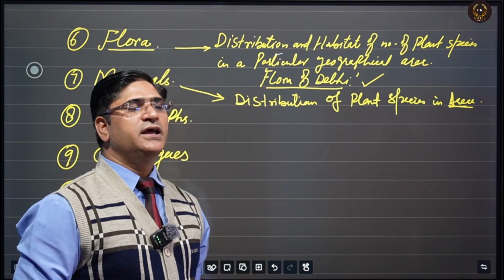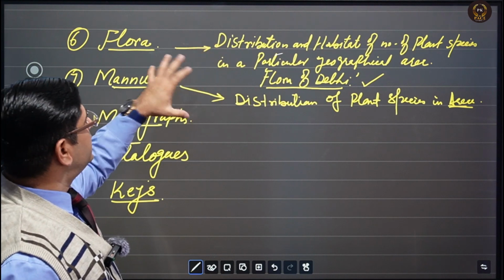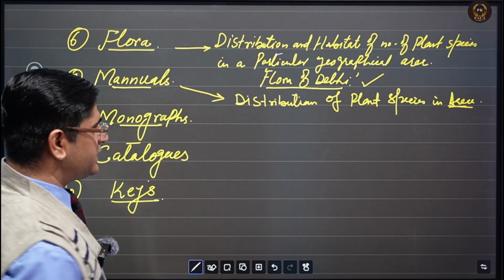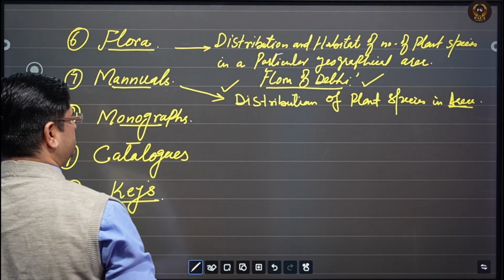A little bit less information than the flora, that is known as the manual. So it also serves as a taxonomical tool.